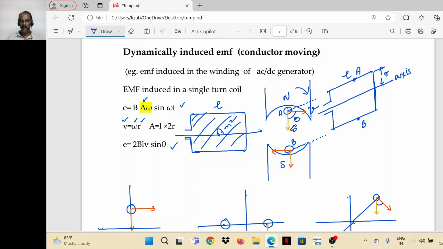Now in the vertical position, the conductor is moving, and always the conductor moves tangential to the circle. Circle means the circular path. This is the path of rotation. So always the linear velocity vector will be tangential to this circular path, and the flux density vector is downwards.